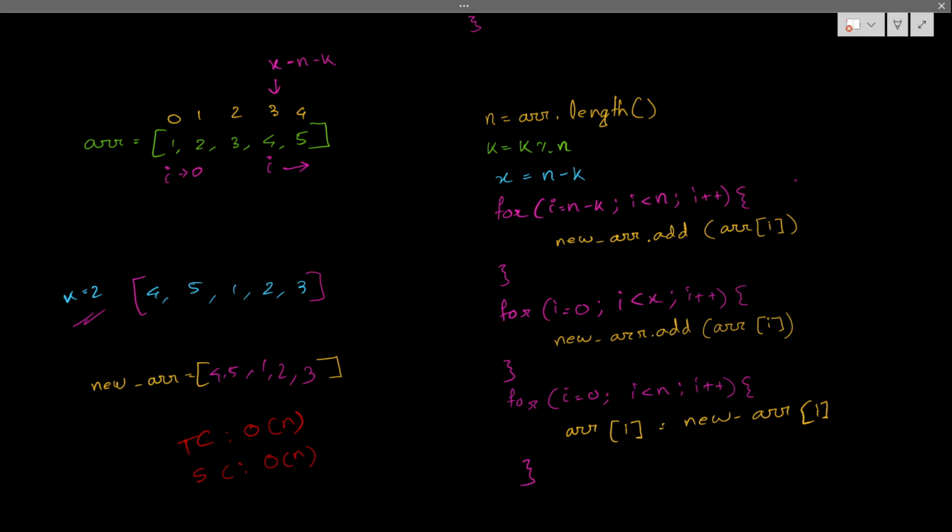So this is another approach. After that, let's see the actual approach, the optimal approach. For these two loops it is big O of n, and this one is big O of n.